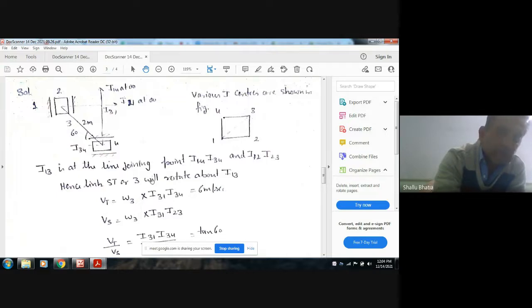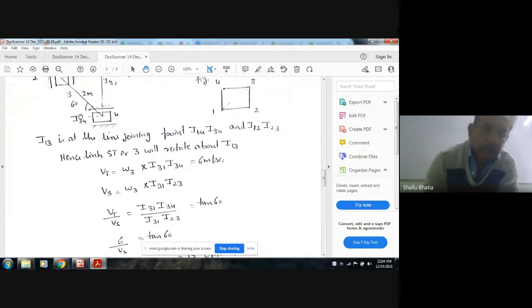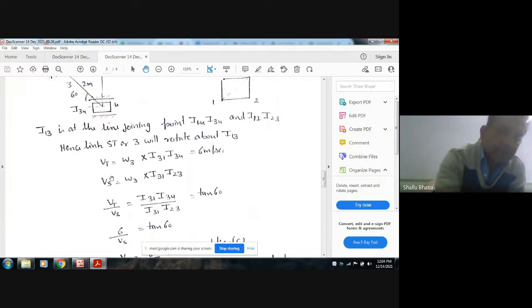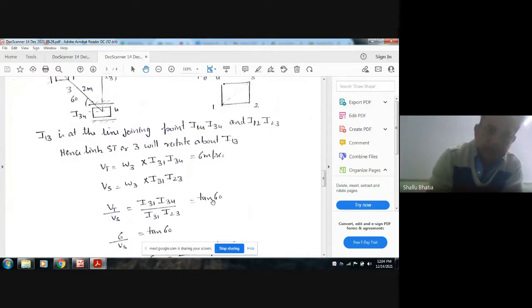Similarly, Vs will be omega 3 times I31 I23. Now finding the ratio, that is I31 I34 over I31 I23.